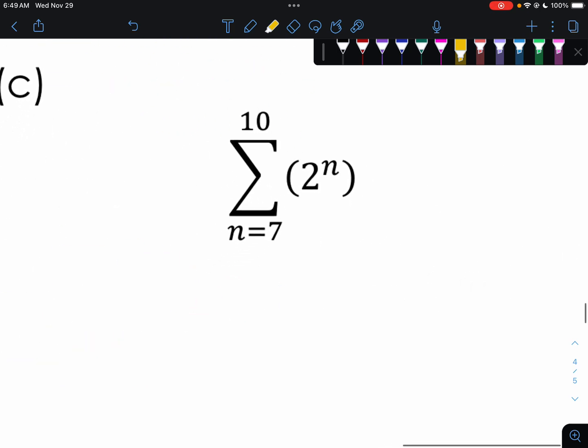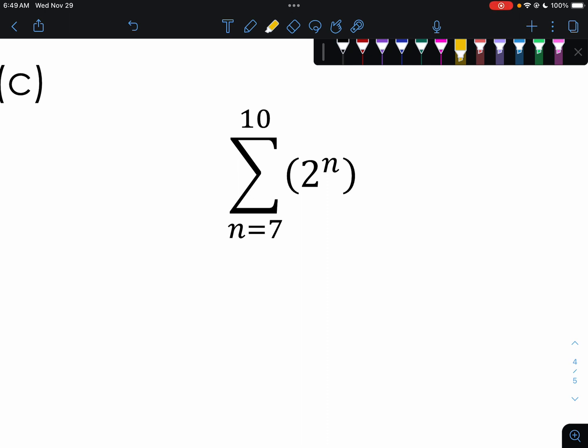Looking at the last one, if you want to pause it and try it yourself, you can do so. But we have the function 2 to the n. We're going to start by plugging in the number 7, and we're going to stop by plugging in the number 10.